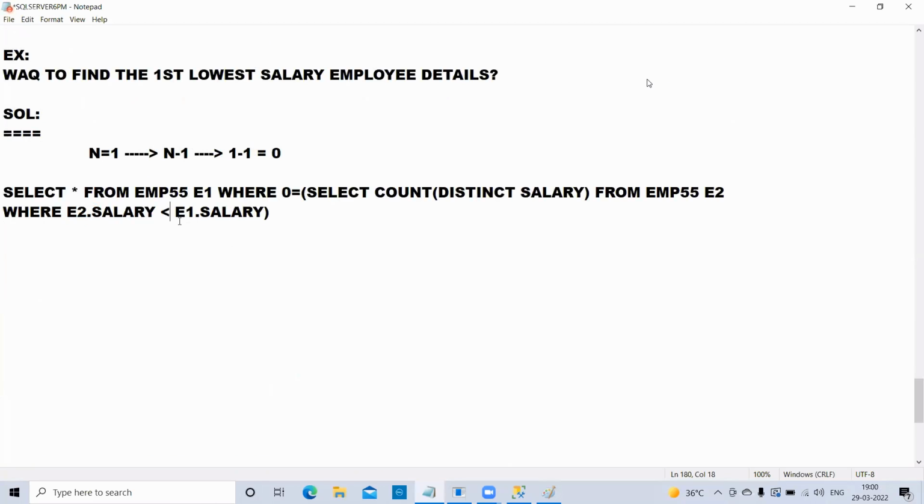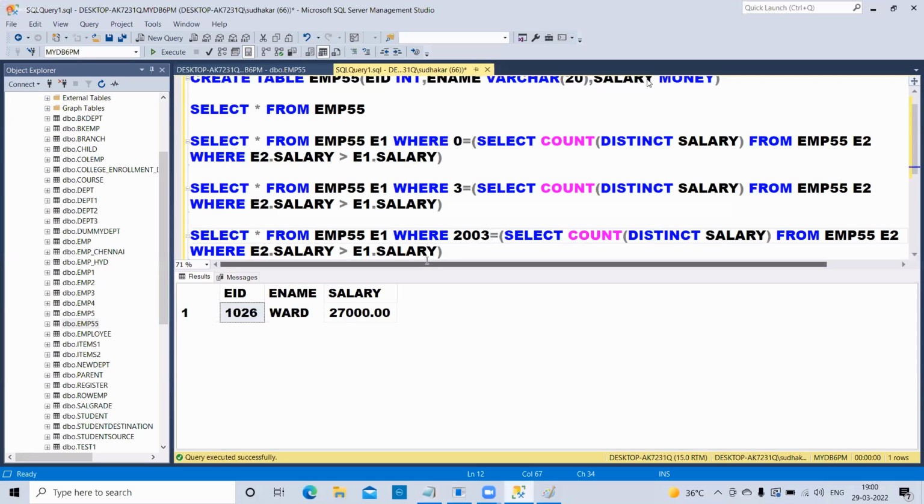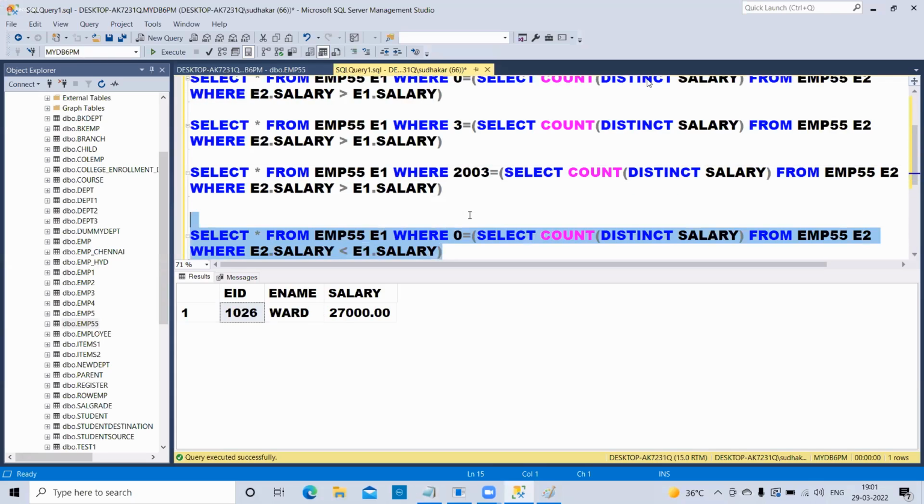The remaining process will be the same. Then you can find the first lowest. Let me execute and check. Yes, my first lowest salary in this table is 18,000. Understand now?